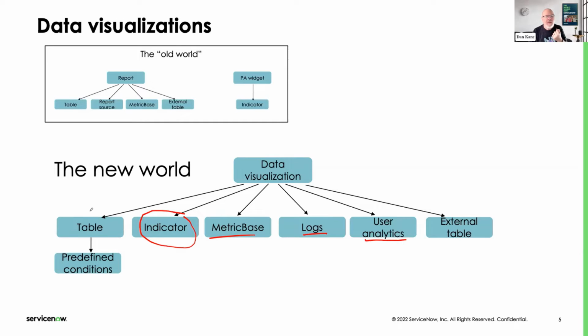The other thing I like to mention is within tables, I don't know if many of you used what was called report sources or data sources in the core UI environment. Those are now predefined conditions.